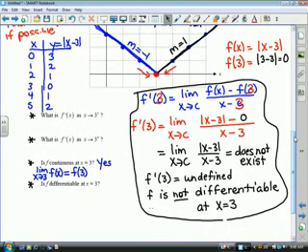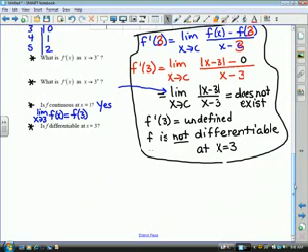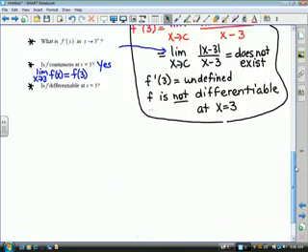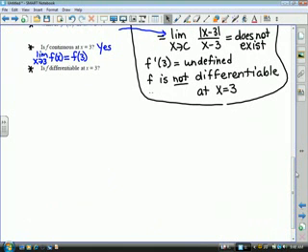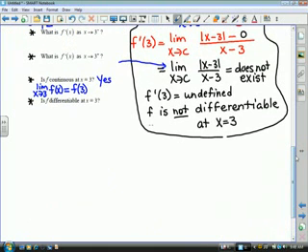Now, I want you to understand why that matches up with this right here. You're going to see in a second why this matches up. Okay, jot this down for me. So we did here the limit as x approaches 3 of that absolute value stuff.